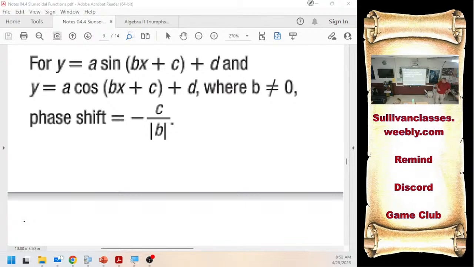So think of it, normally my angles rotate like this, right? Positive. But then negative angles rotate like this.